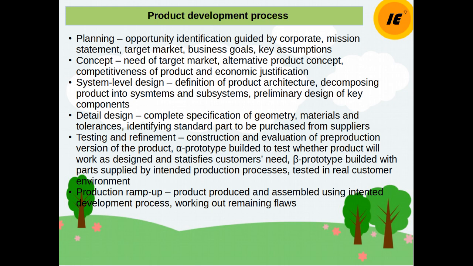Now here we are narrowing down more. The system level design phase includes the definition of the product architecture and the decomposition of the product into subsystems and components. It depends on the product. If it is very complex, it needs many different divisions of subsystems, and each subsystem can be divided further.